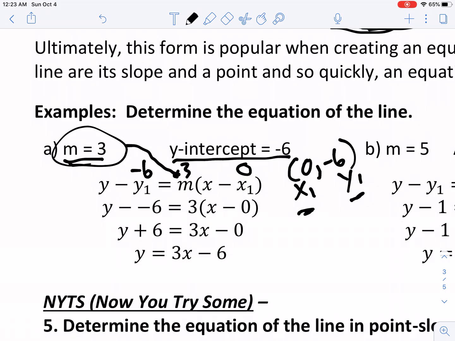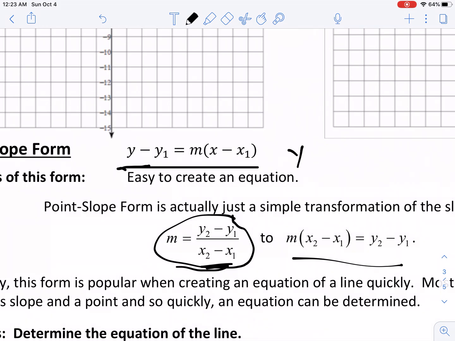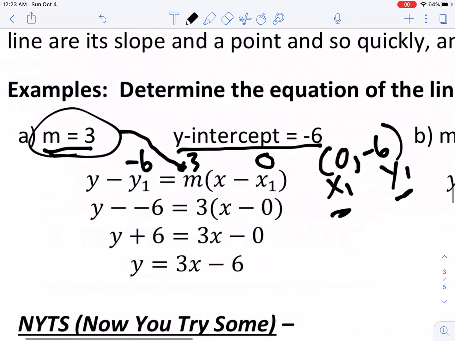And then what that is going to allow us to do is write it in point-slope form like this, and then we're going to eventually change it into y = mx + b, okay? So we're going to plug it into this, but then we're going to go to this, okay? So let's see how this works. So plugging that in, we get y minus -6 equals 3 times x minus 0. So after I plug in the information, that's what we get.